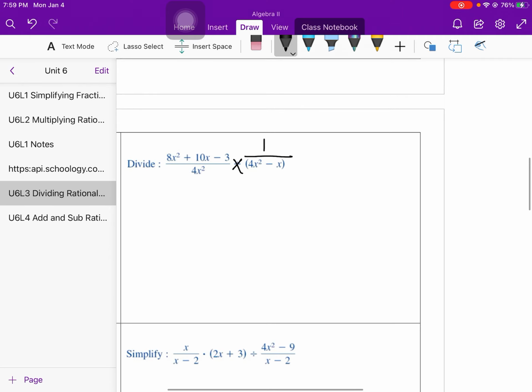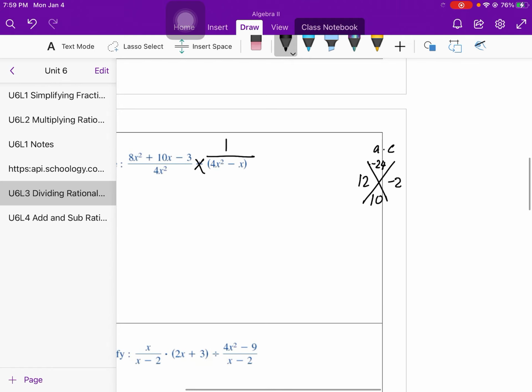And to do that, we have to use the box method. So we're going to do a times c. So 8 times negative 3, which is negative 24. And then, so factors of negative 24 that add to make 10 are going to be positive 12 and negative 2.